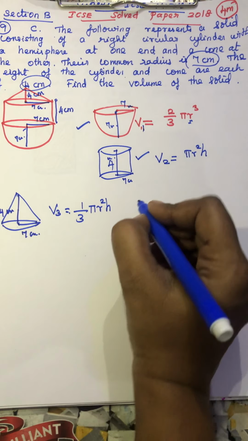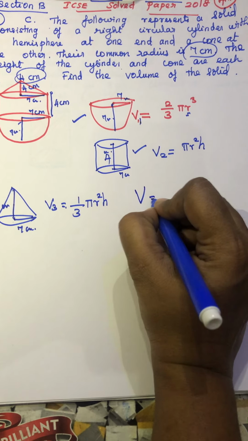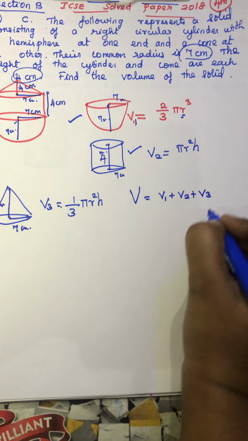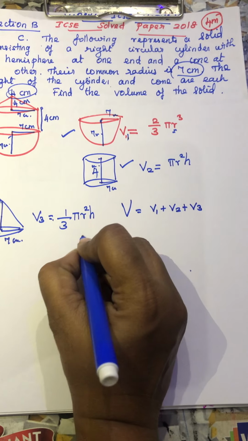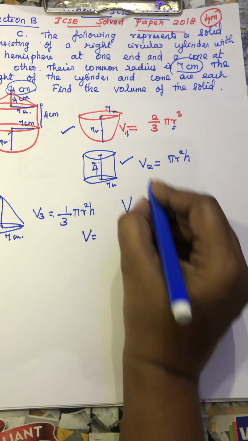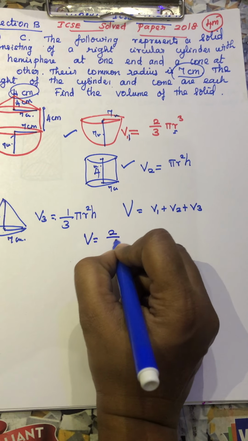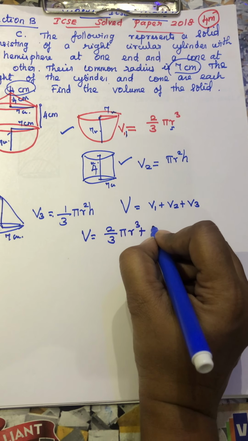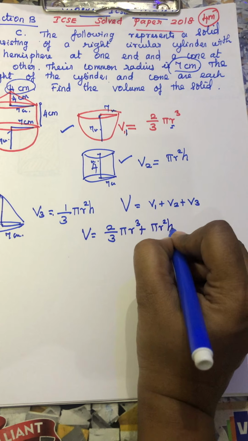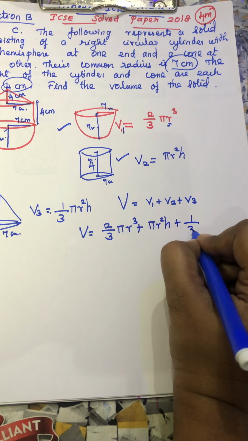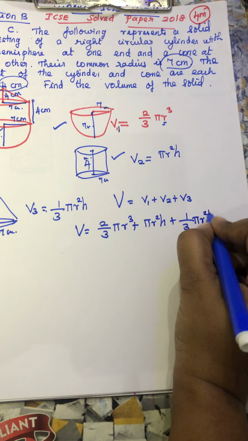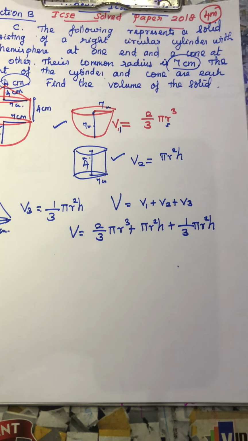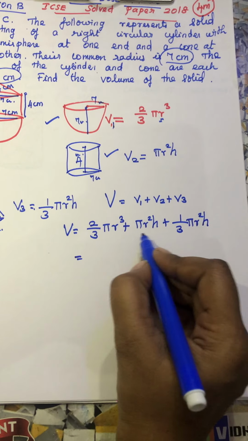So we need the total volume. The total volume is equal to V1 plus V2 plus V3. The first volume is 2 by 3 pi r cube. The second volume is pi r square h. And the third volume is 1 by 3 pi r square h. So you have 3 formulas.